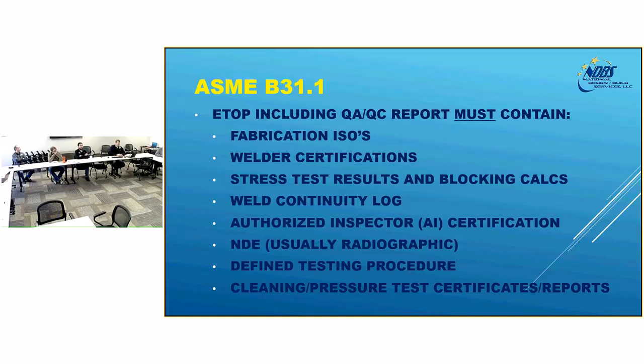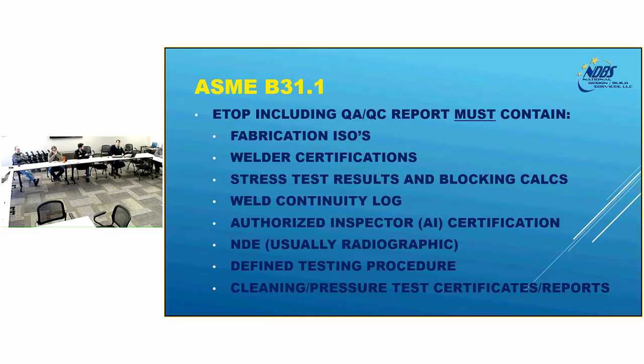It's usually radiographic with B31.1. So if you're doing an ultrasonic test or radiographic, somebody has to get that film and interpret it, and then that film has to be tagged and logged in with what weld it belongs to relative to the isometric drawing. There has to be a defined testing procedure in place that everybody signs off on, and of course, all of the testing is fully documented and signed off on by all parties.